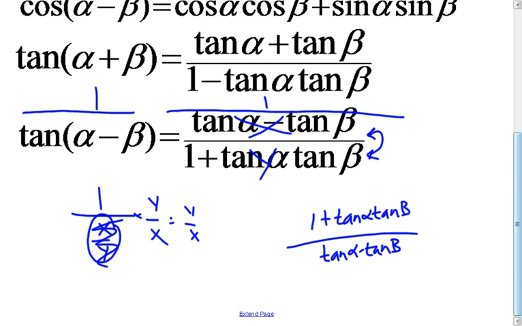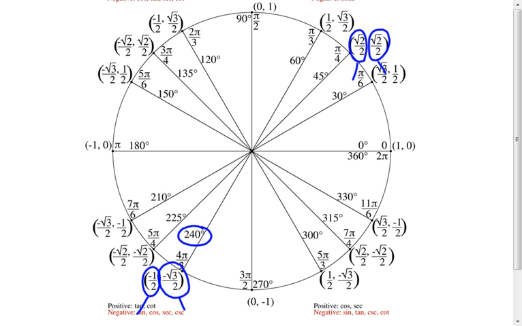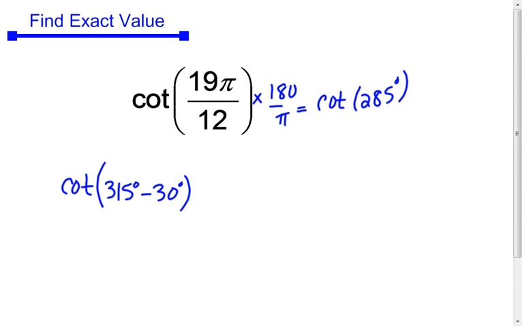Again, since cotangent is the reciprocal of tangent, take tangent's formula and flip it. Now, I chose to use 315 and 30, so I will plug 315 in for alpha and 30 in for beta. So it should look like this.